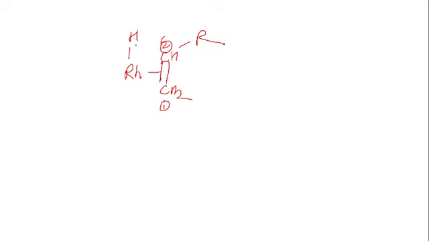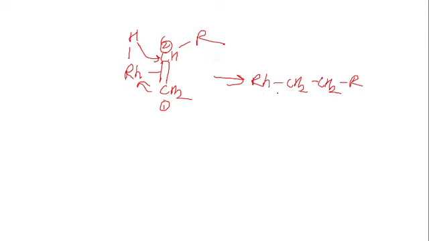Whenever this hydrogen is bonded here, this bond is going to break and they form a single bond. Here they get converted to this RH, which is bonded to the one position carbon directly, and then this is the CH2. Here this migrating hydrogen is attached to the second position, that is, this second position has CH with one hydrogen, and with the addition of another hydrogen it gets converted to CH2R.